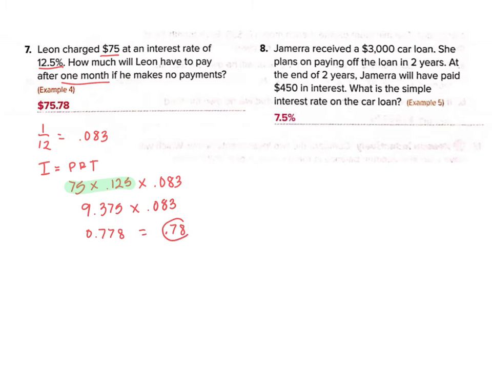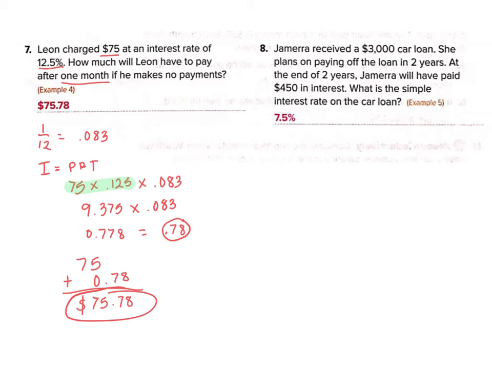So this is the amount of interest he's going to be paying on his $75 charge. Now all I have to do is add my interest, 75 plus 0.78, and I get $75.78, which is what he'll have to pay on his first month if he makes no payments.